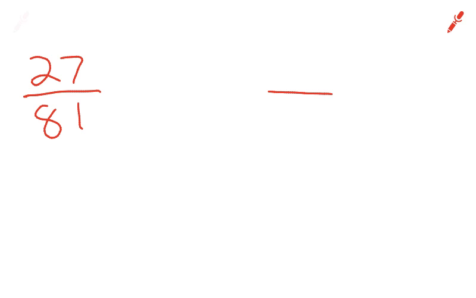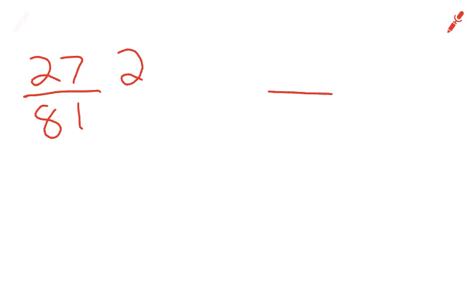There's a blank there. What goes into both 27 and 81? Well, if you remember, the divisibility rule for 9 was you needed to add up the digits and figure out the sum. And if 9 would go into that, then it's divisible by 9. Meaning, let's start with our 27 here. You add up your sum of digits there.